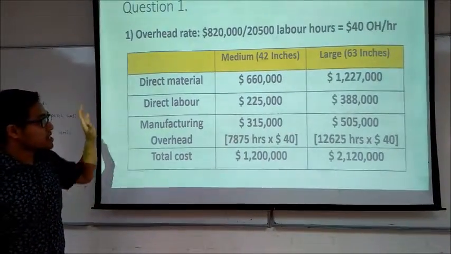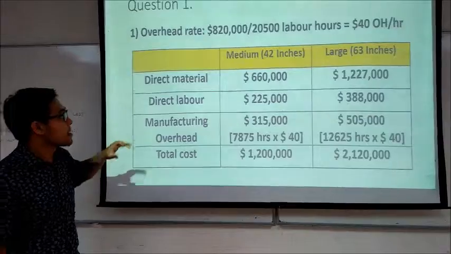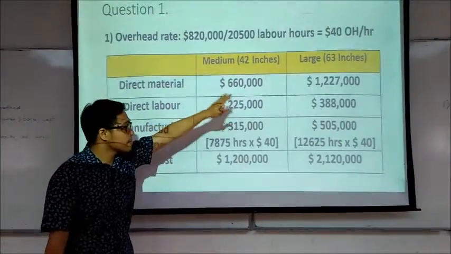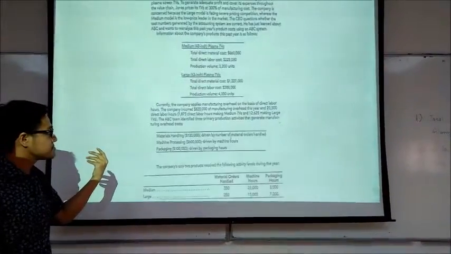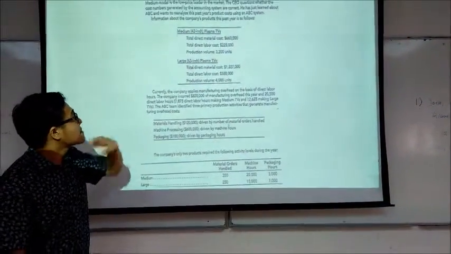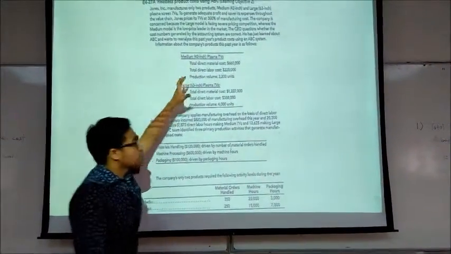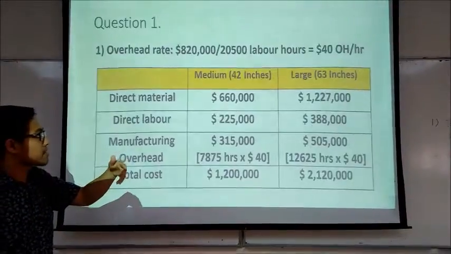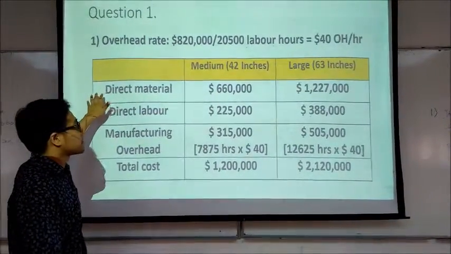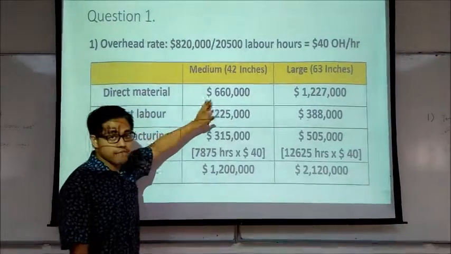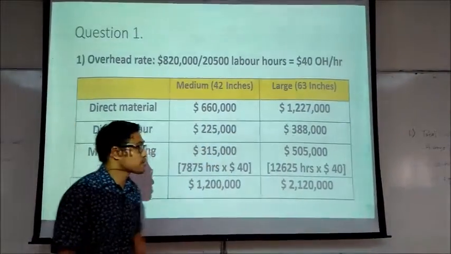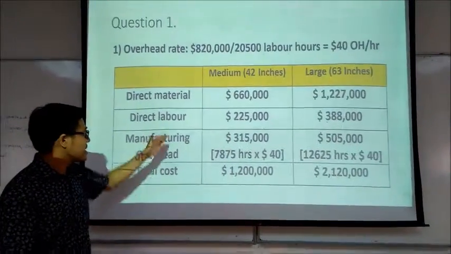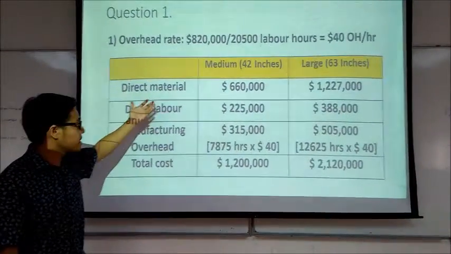Given these figures, we can now calculate this particular question. We just plug in the given figures, 660,000 and 1,227,000, for direct material and direct labor.